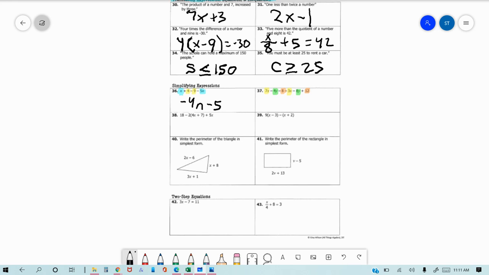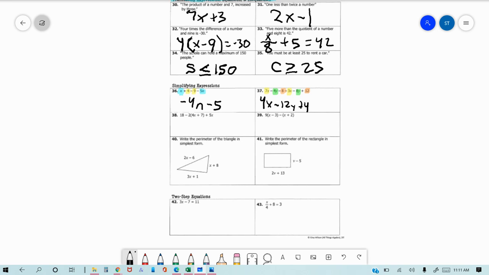So let's start with our x's since we have them first. 7 minus 3x is 4x. Negative 4y and negative 8y would be minus 12y. And then negative 8 plus 12 would be positive 4. And that's what your answer would be.